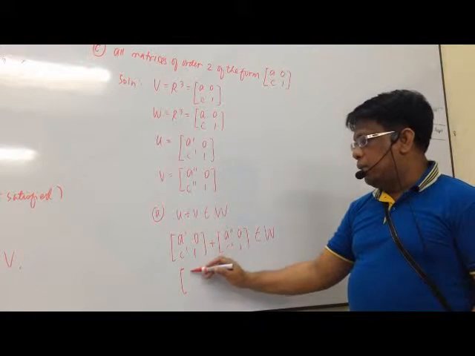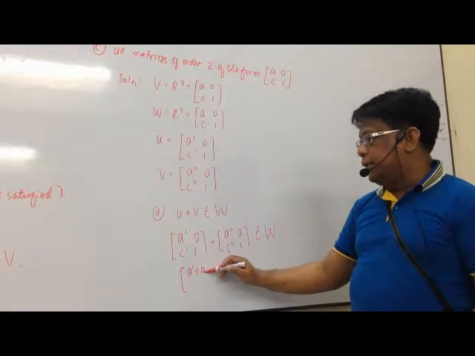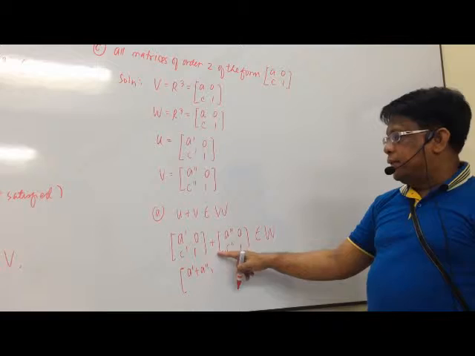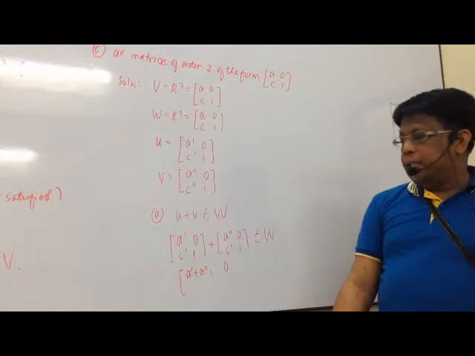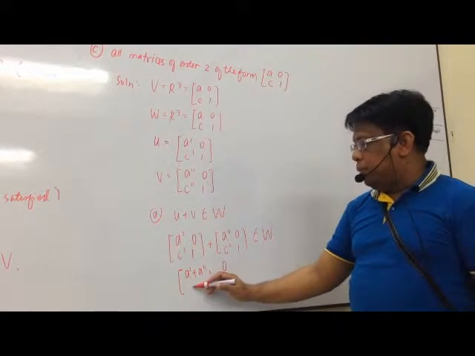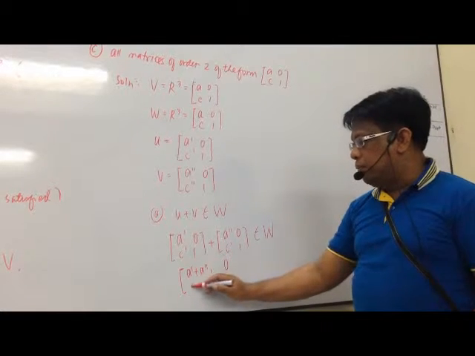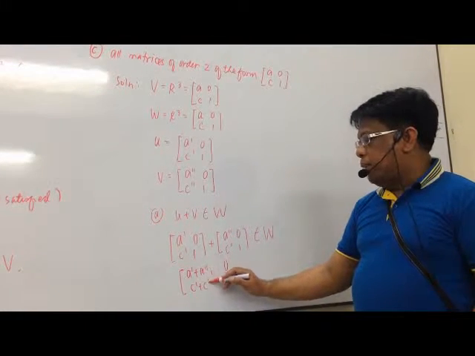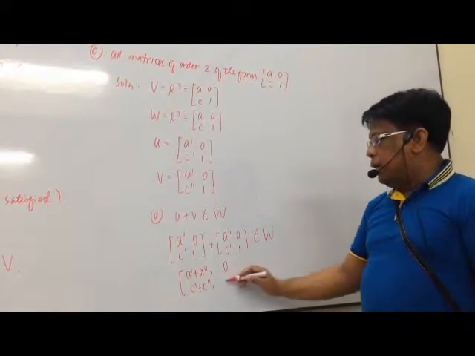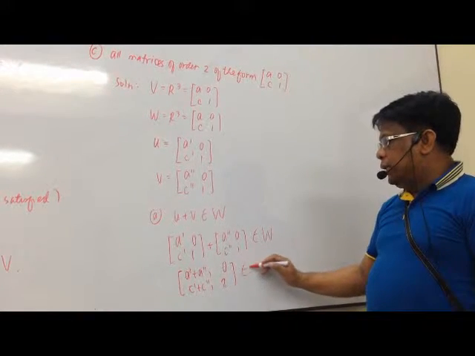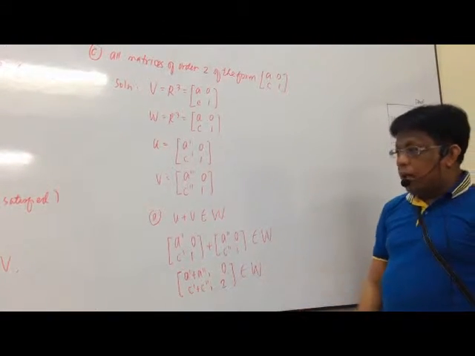A prime plus A double prime will give you A prime plus A double prime. Then 0 plus 0 is 0. Then C prime plus C double prime gives you C prime plus C double prime. Then 1 plus 1 will give you 2. Okay? So check, class, if this is an element in W.